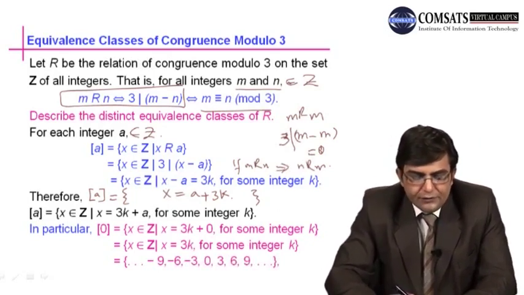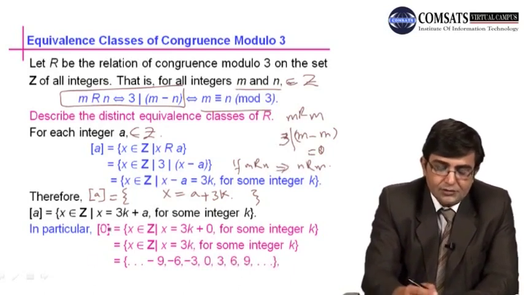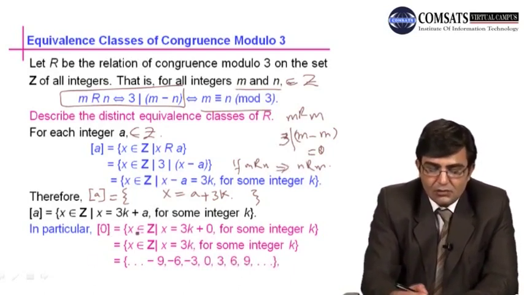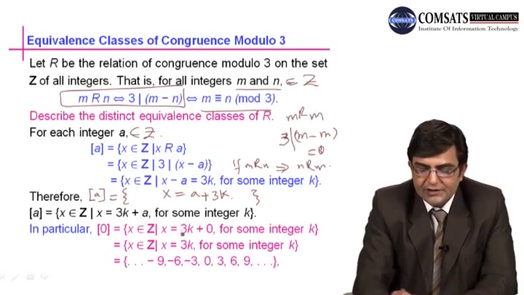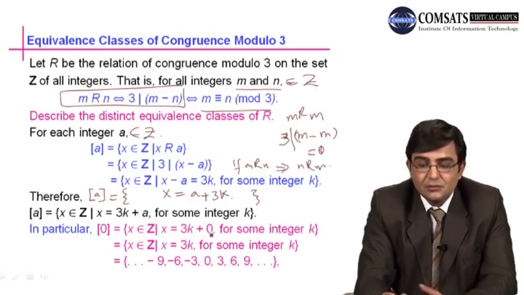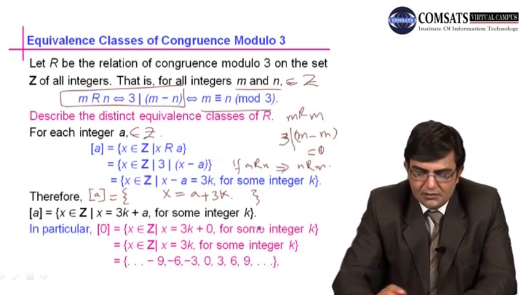So if we choose a to be 0 in particular, the first element of Z, then the class of 0 contains all those elements which are multiples of 3, that is 3k plus 0, for some integer k, so x is equal to 3k. Now if we take k to be 0, then x is 0.